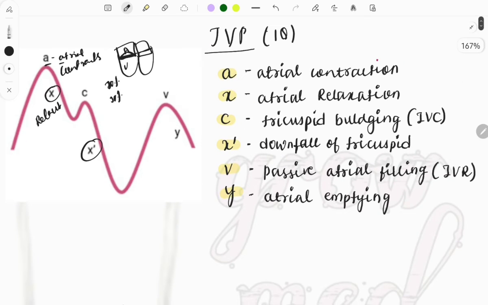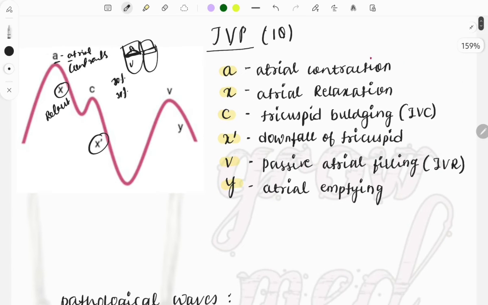So these are the important waves. Questions are asked naturally on these basic things: what does the A wave in the jugular venous pressure signify? It signifies the atrial contraction. Likewise X is for the atrial relaxation. So like this the waves are.